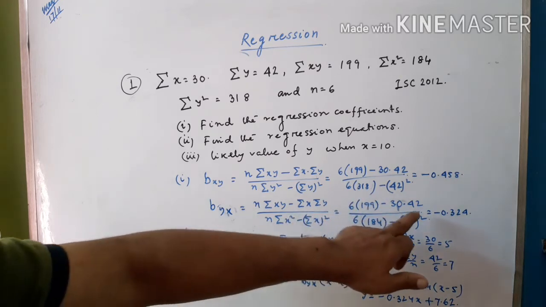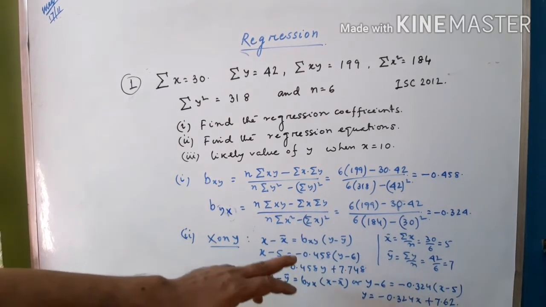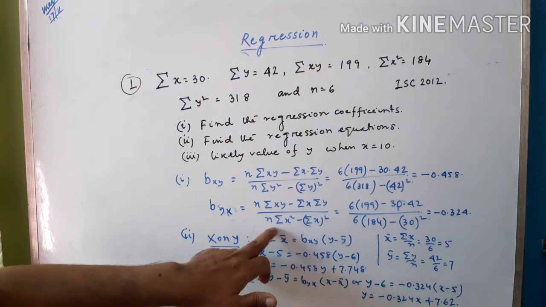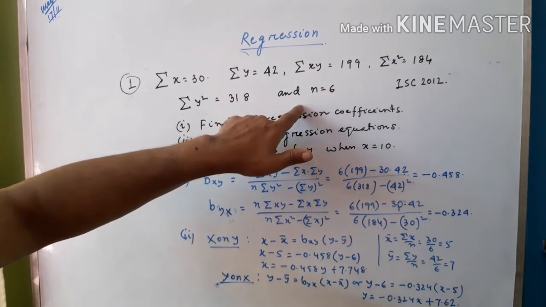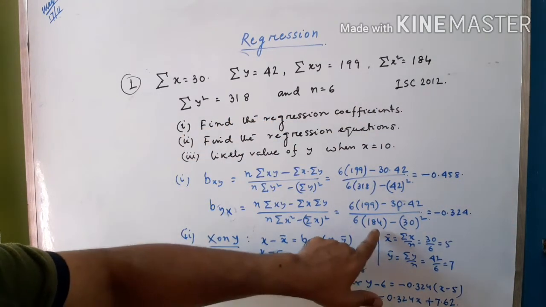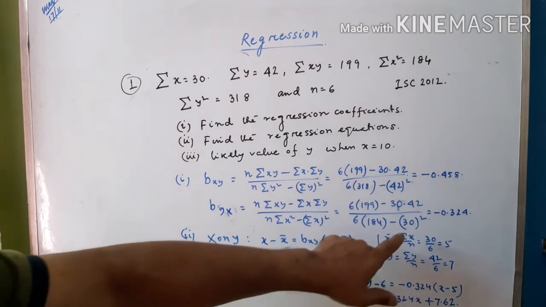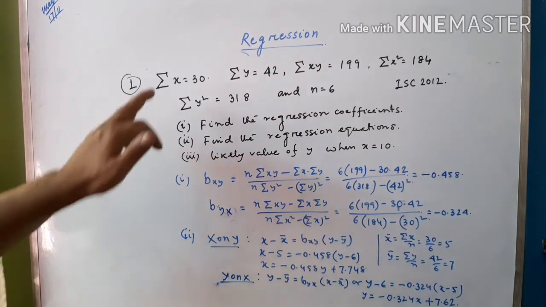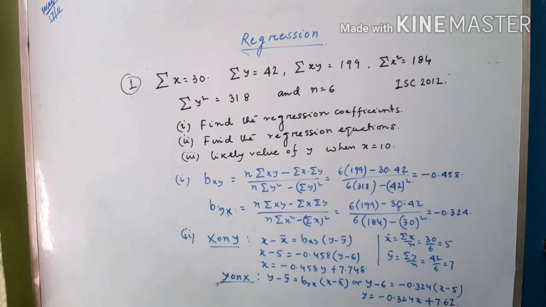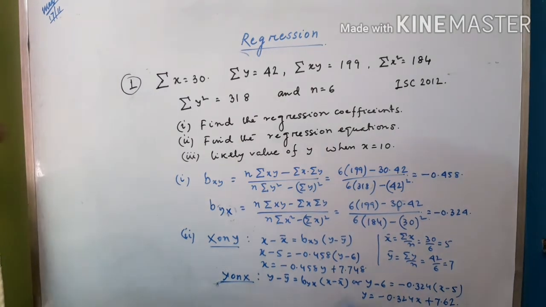Numerator is the same, so I am not describing it. The denominator is n sigma x square: n is 6, sigma x square 184 minus sigma x whole square. Sigma x is 30, 30 whole square. After calculating, I am getting minus 0.324. So the first part is done.